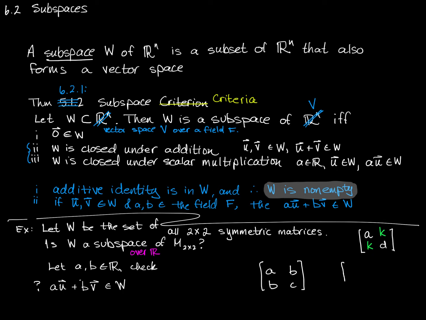And let's use D, K, K, M. Again, as long as these two numbers are the same, it doesn't matter what these two numbers are, as long as they're in the real numbers, because that's where this kind of vector lives. And then these two have to be the same because we're in W, so we're checking these criteria for W, 2 by 2 symmetric matrices.